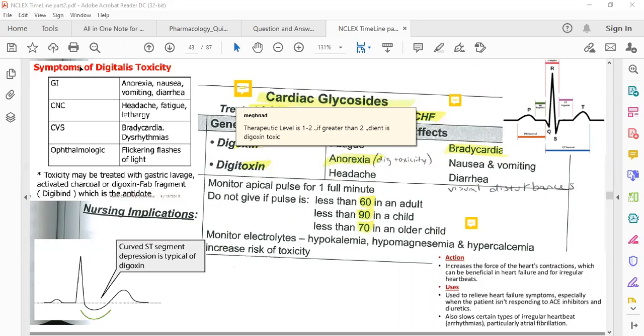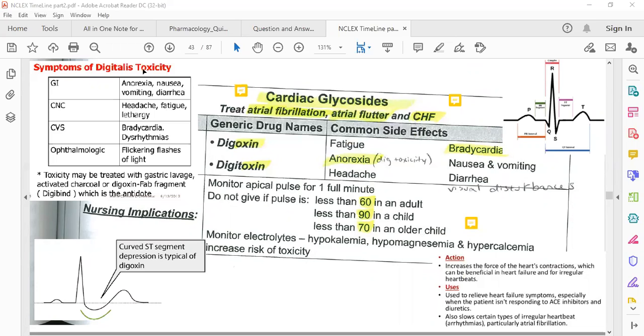The signs and symptoms of digoxin toxicity: the client will see yellow spots, or nausea, vomiting, and abdominal pain. We call these GI symptoms. What about the central nervous system?